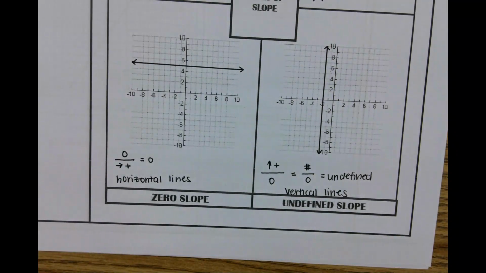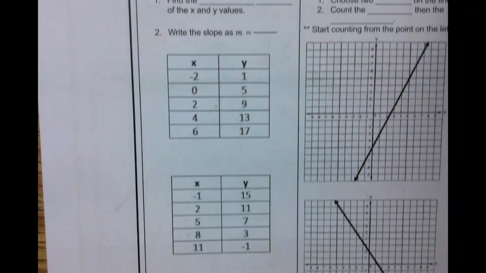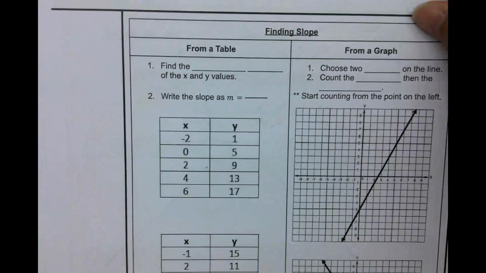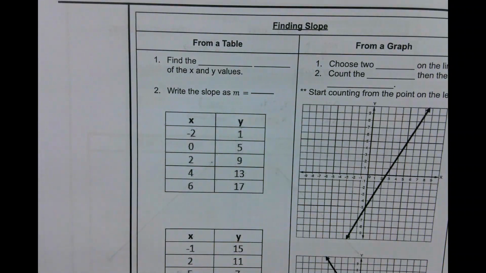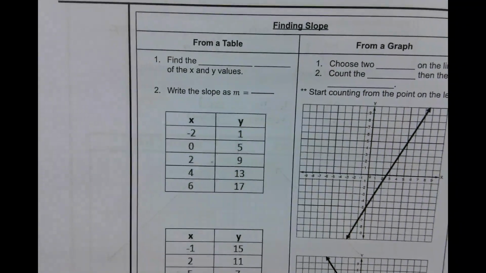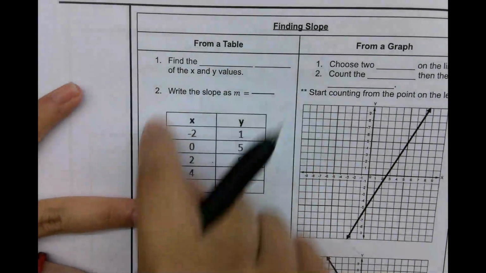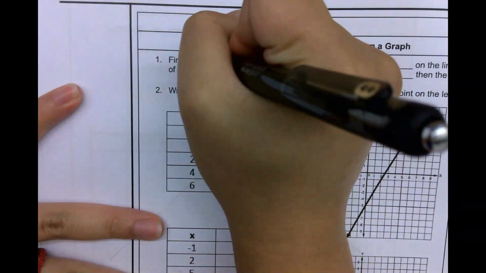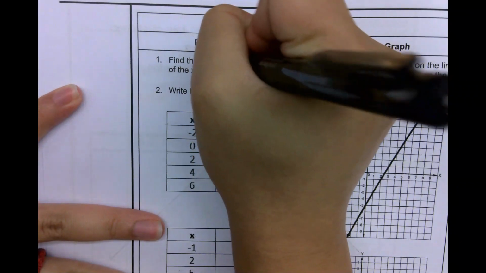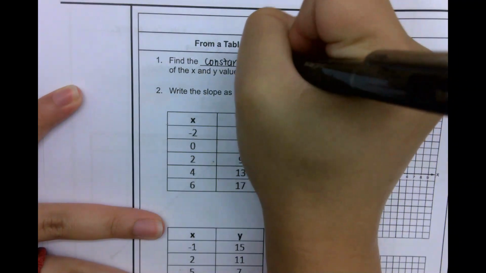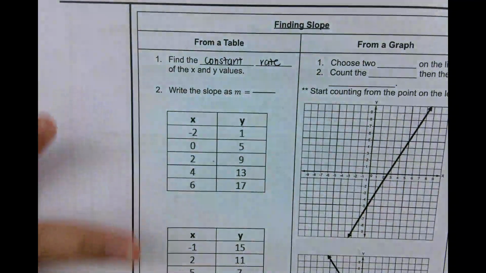So let's turn the page and let's start talking about how we find slope. Depending on what we are given, there are different ways to find slope. However, it is still based on the idea that it is our change of y over our change of x. So if we are given a table, we are going to find the constant rate of the x and y values.